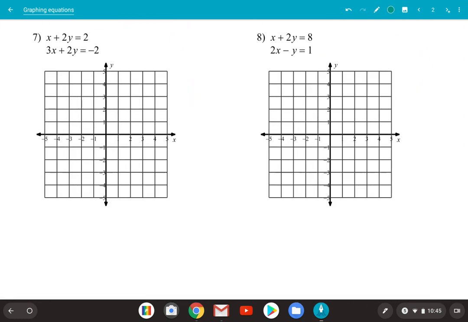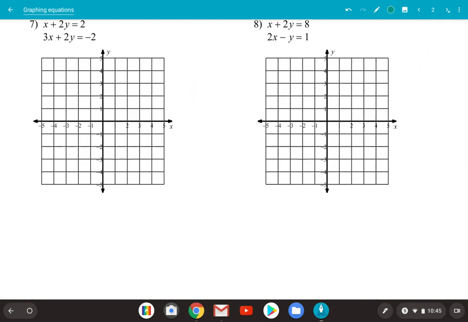Next one. These are not in the form we like, so we have to get them into the form we like. So we're going to go x plus 2y equals 2. Remember, move the x to the other side, and I would actually put a 1 in front of x. It's going to make your life a whole lot easier later on. And remember, they can't make it 1x because they're not the same.